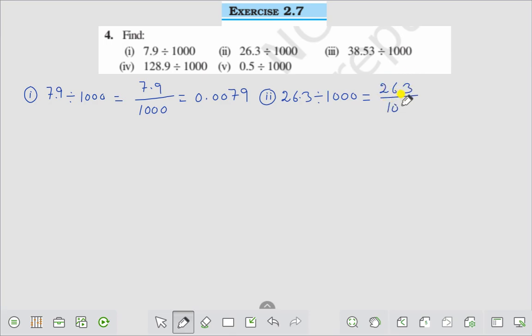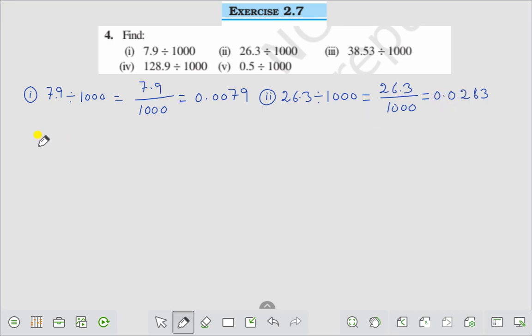That means you have to shift the point 3 digits to the left side. 1, 2 and another 1. That is 0.0263. Here you see, the point was here, right? You have to shift the digits, 3 digits to the left side. 1, 2 and 3, right?